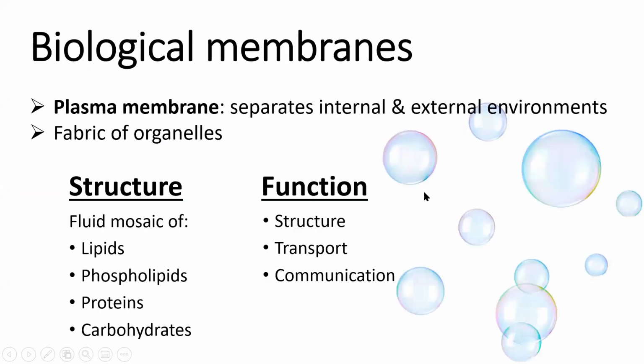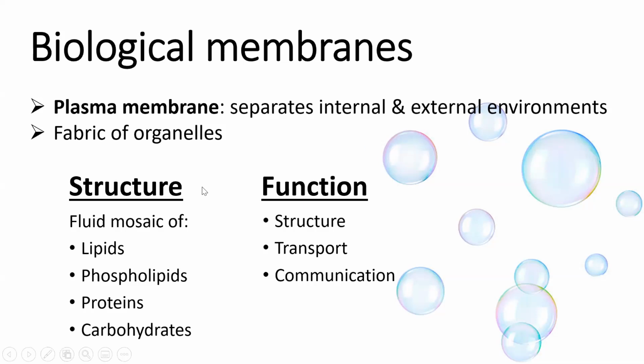So remember when we talked about the phospholipid molecule under the macromolecule structure of lipids, and we said that the phospholipid bilayer is responsible for the plasma membrane, and the function of the plasma membrane is to separate internal and external environment. That means to separate what's going on outside of the cell from what is occurring within the cell.